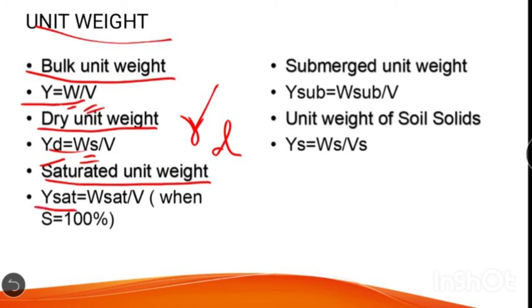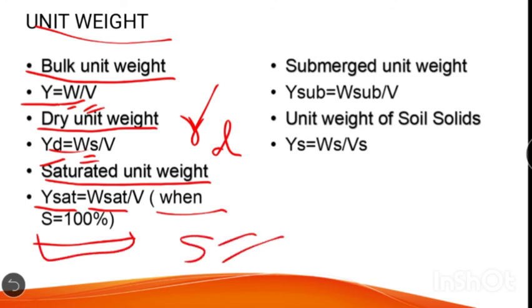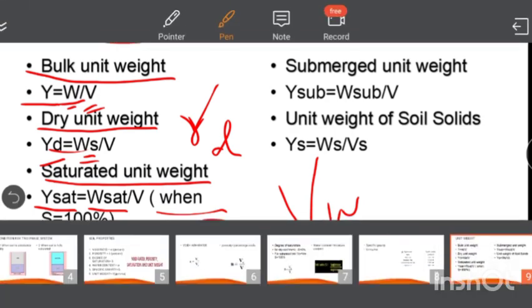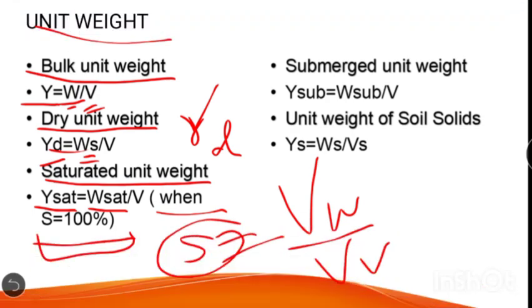The formula is weight of saturated soil to the total volume, when the degree of saturation is 100%. I already told you the saturation formula is volume of water to the volume of void. When this is 100%, then this gamma sat is calculated.